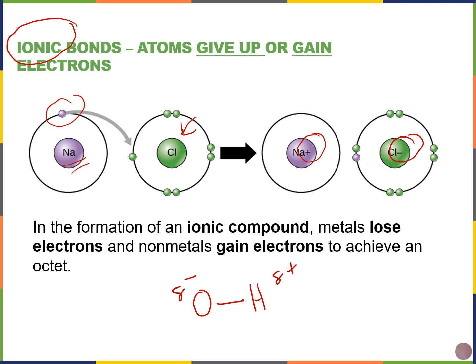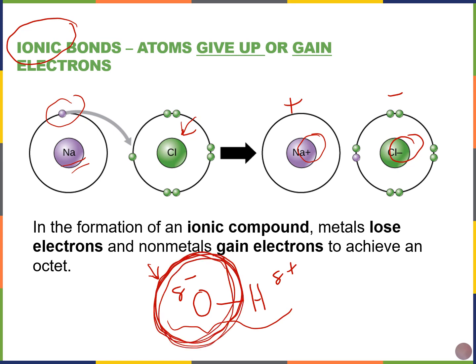That attraction between the opposite charges is what forms the ionic bond. That's different from the polar covalent bond, because oxygen, even though it's more electronegative, is not actually stealing the electron away. It's just that the electrons spend more time around the oxygen's nucleus than around the hydrogen atom's nucleus.